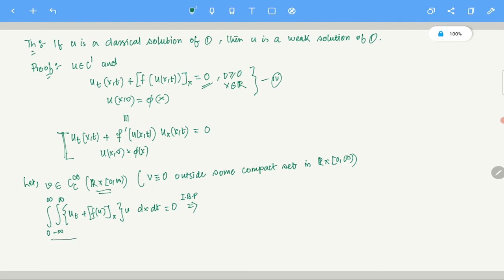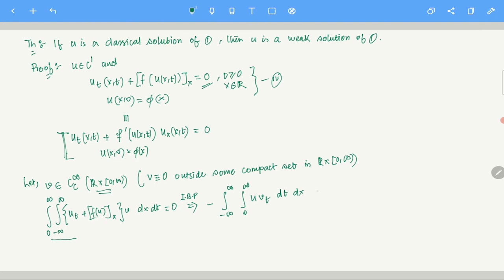The integral from minus infinity to infinity, 0 to infinity of u_t v, that can be written like this, no? Minus the integral from minus infinity to infinity, 0 to infinity of u v_t dt dx, by integration by parts. But there is a boundary term, if you remember. What is the boundary term?